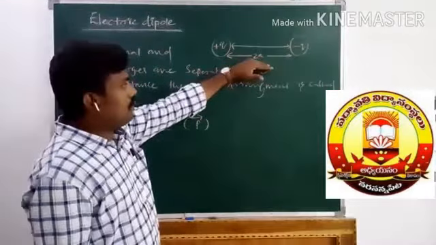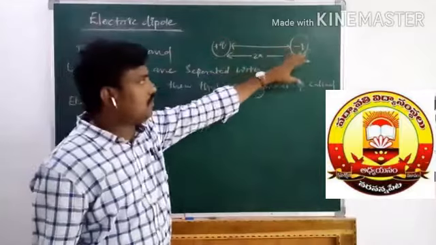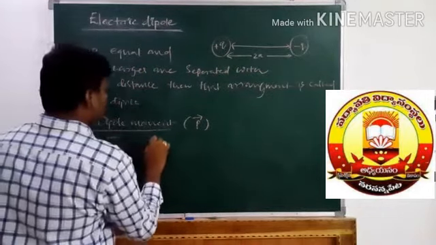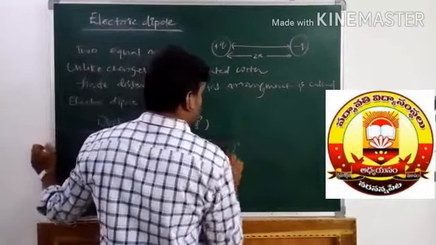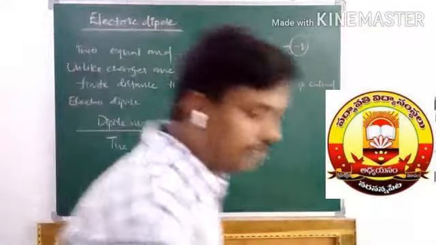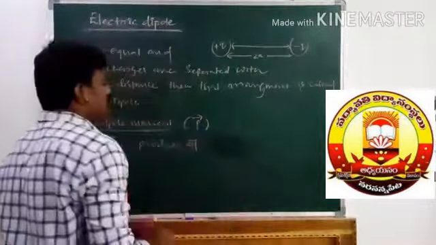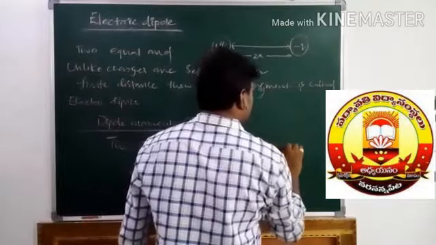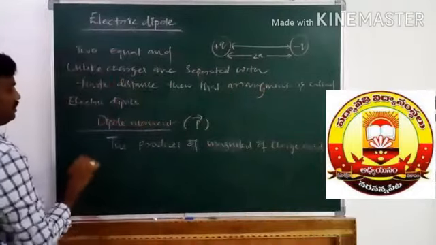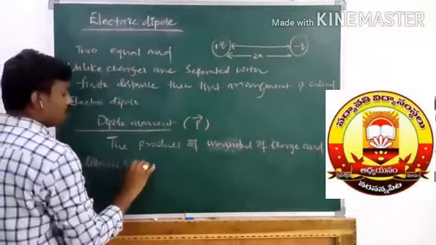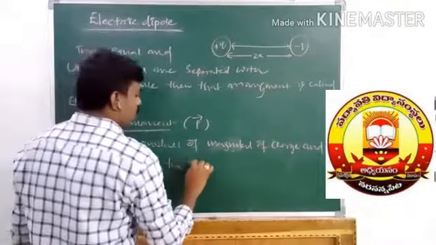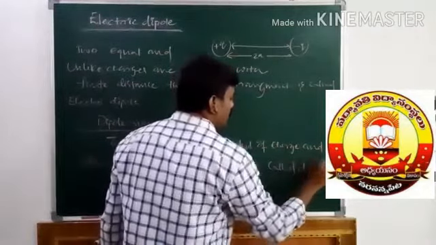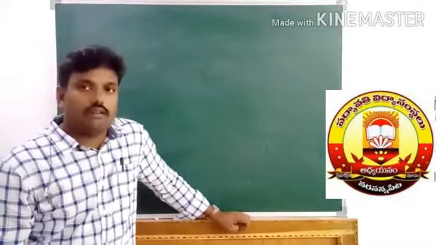The product of the magnitude of charge and the distance between the two charges is called the dipole moment.